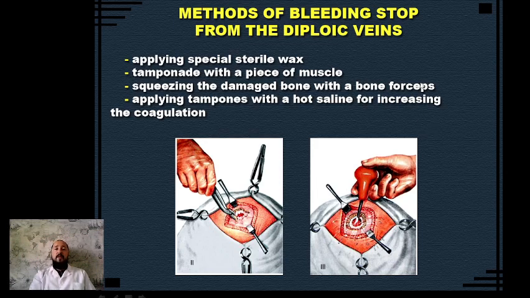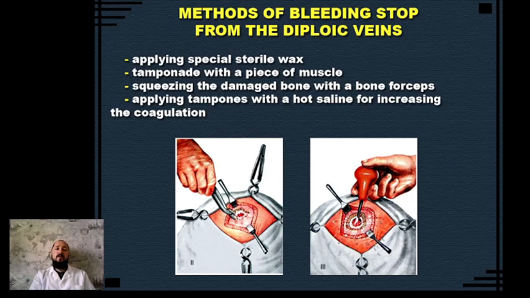What are the methods of stopping bleeding from the diploic veins? Now, when the patient has a penetrating wound with damage to the bones and probably damage to the dura mater, how can we stop the bleeding from the diploic veins? We can apply special sterile wax.